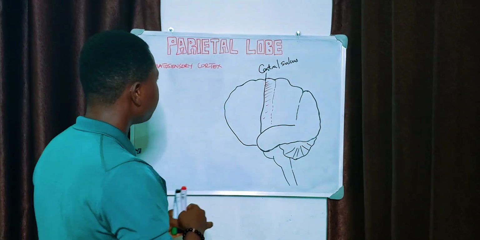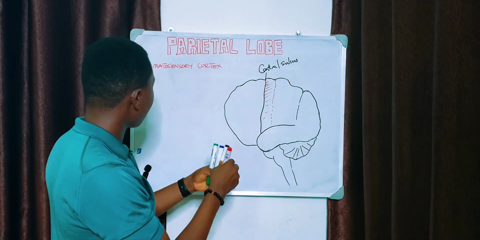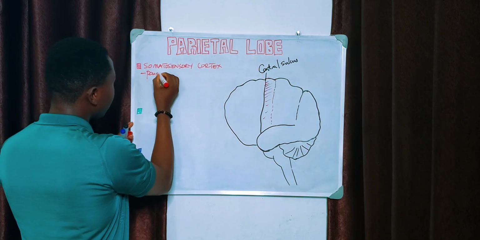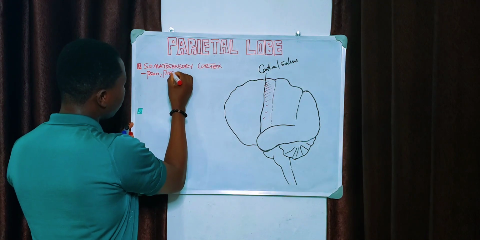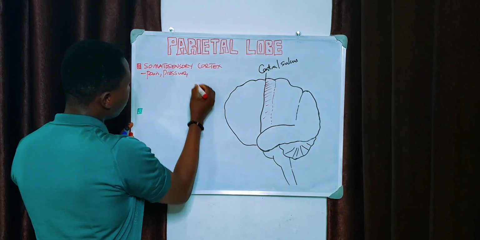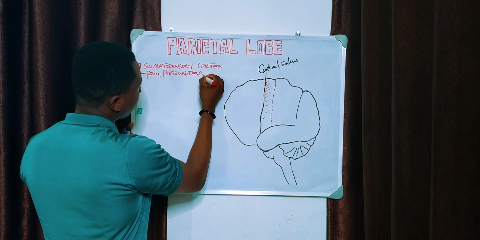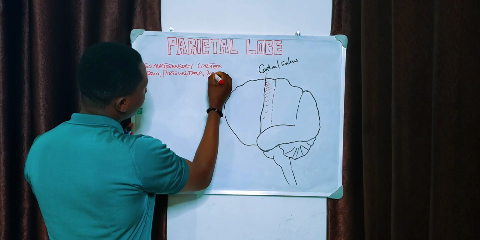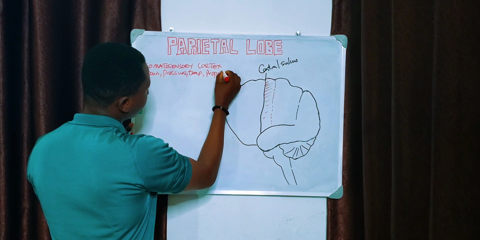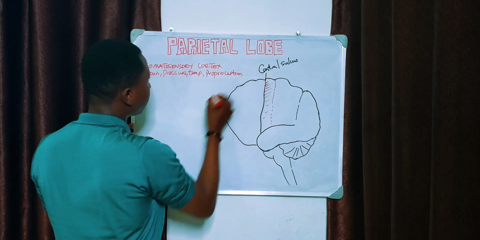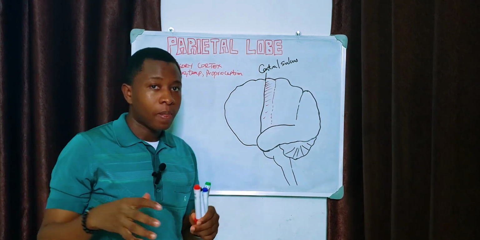All right, now let's state out the functions they play. So we said pain, pressure, temperature, proprioception, which is awareness of position.